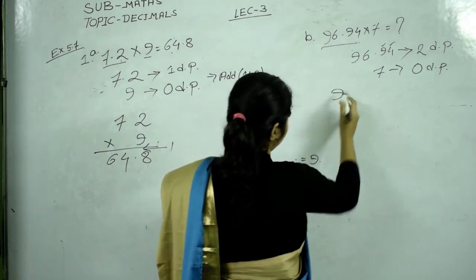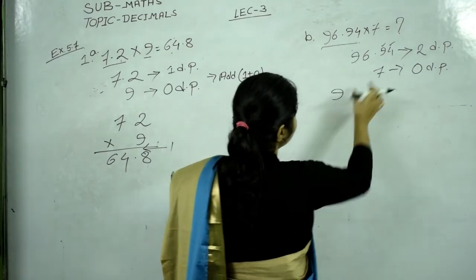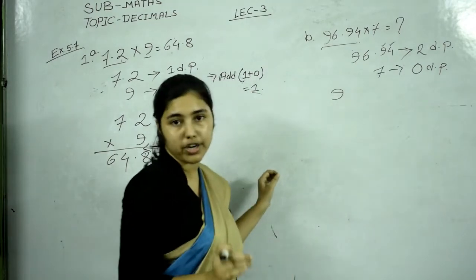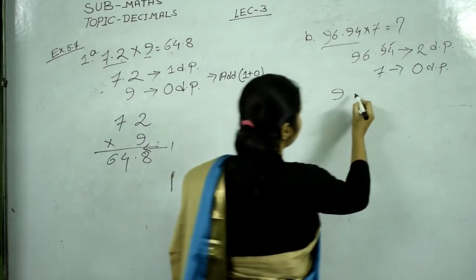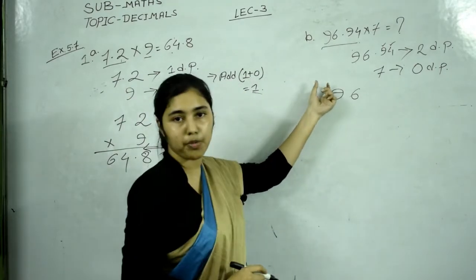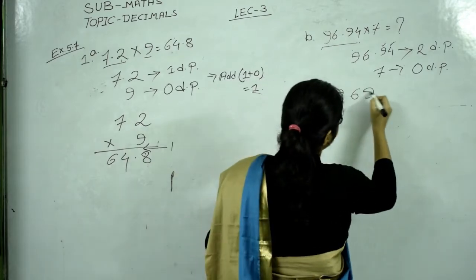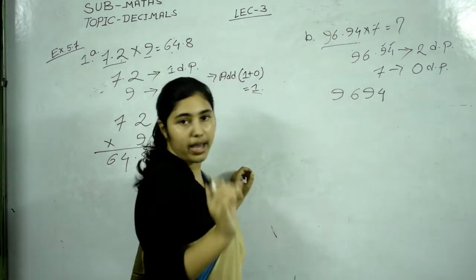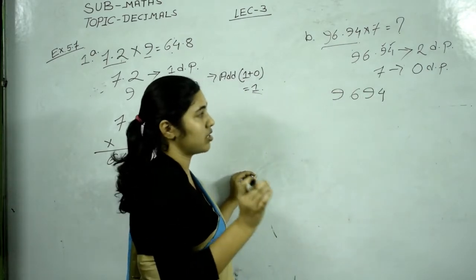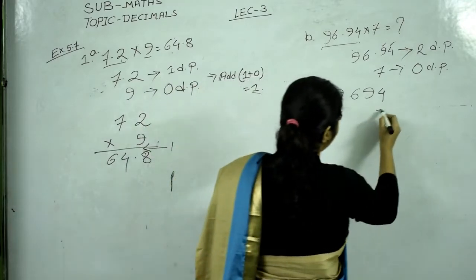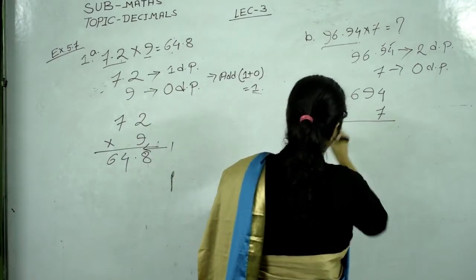Okay? Now consider 96.94 as a whole number. Ignore the decimal point and write the number as the whole number 9694 and then multiply with 7.